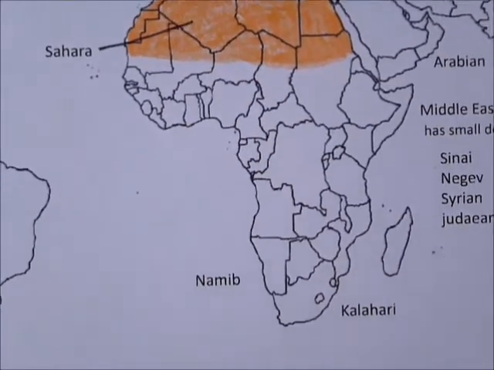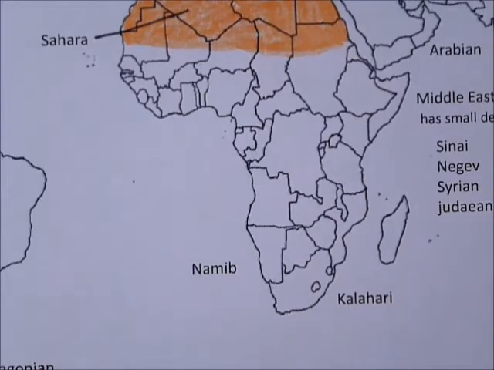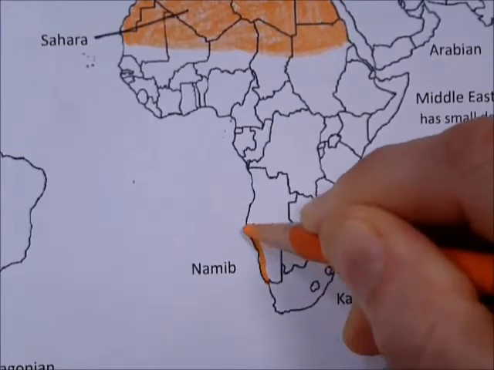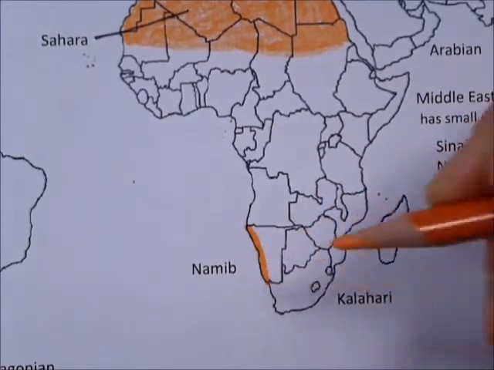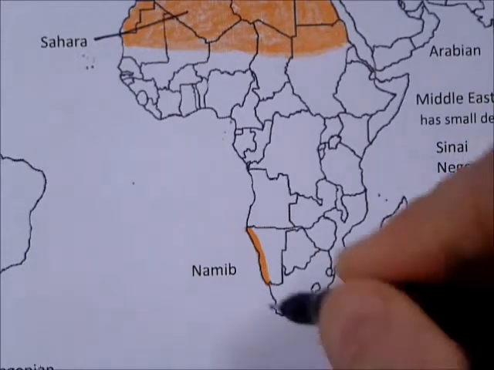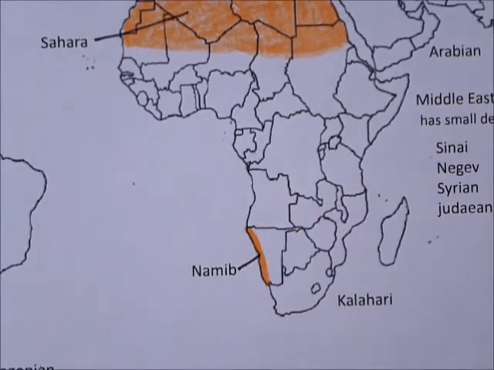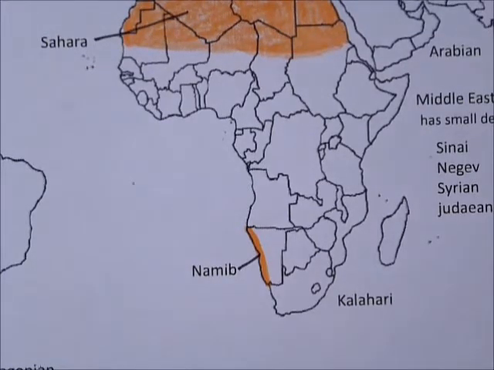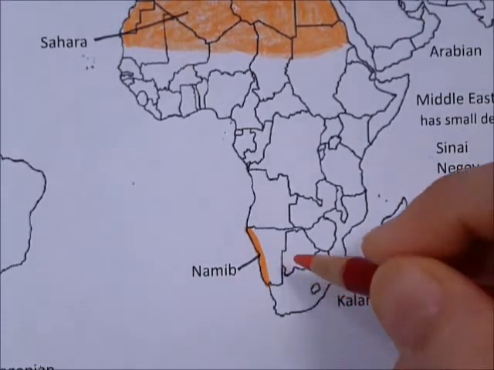And then down here in the south we have the Namib. The Namib Desert is Namibia. Right along the coast. Kind of reminds us of the Atacama Desert. It's a long skinny desert. And then we have the Kalahari, which is right in here.